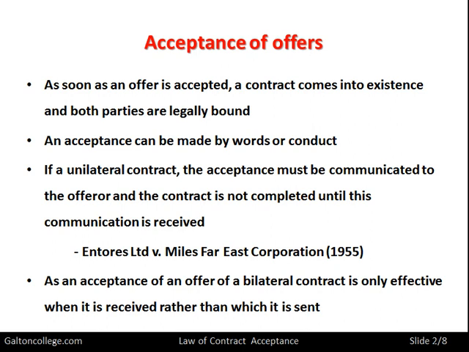The problem for the court, and the problem at issue here, was at what point did the contract come into existence? If the acceptance was deemed to have been in Holland, then Dutch law would apply. Or if the acceptance was deemed to be in England, then English law would apply. So where did it happen?